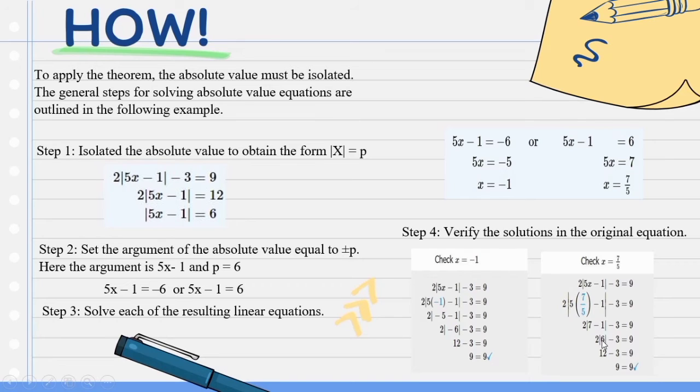Absolute value of 6 equals 6. 2 times 6 equals 12. After that, 12 minus 3 equals 9. 9 equals 9. That x equals 7 over 5 is correct. The solution is minus 1 or 7 over 5.